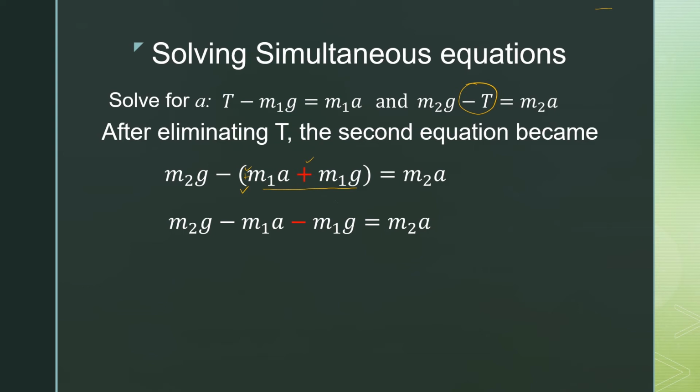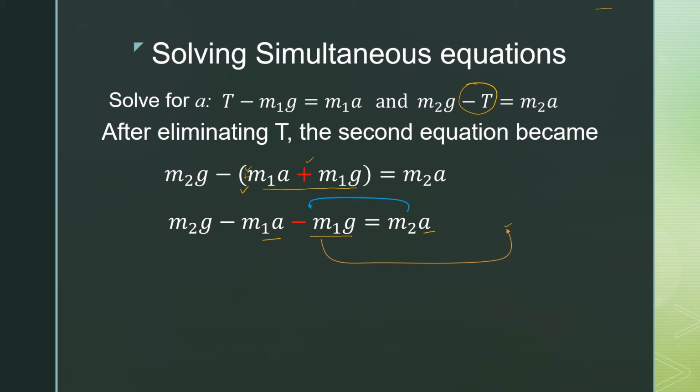And recall, we are solving this equation for A. Since there is A in two terms in this equation, we collect these two terms on the same side and move the other terms to the other side, changing their sign. This one has to go this side and becomes positive.